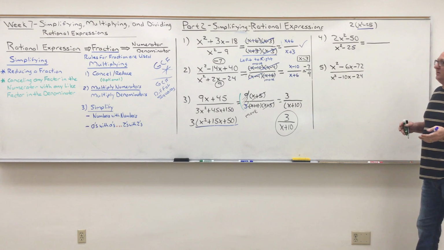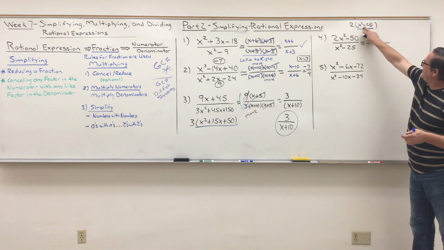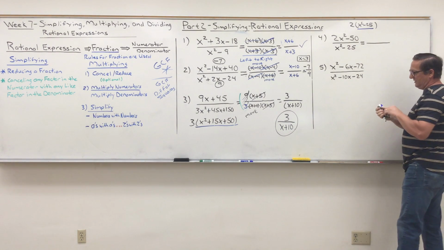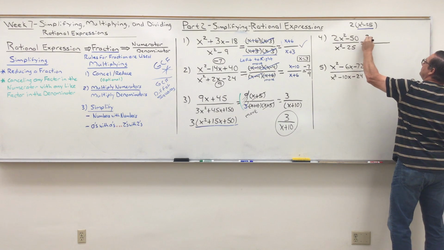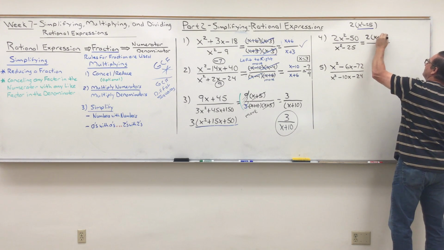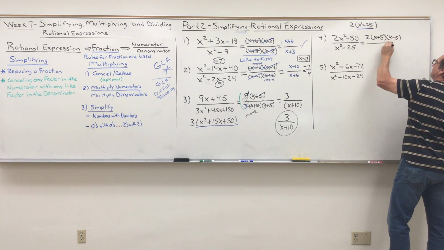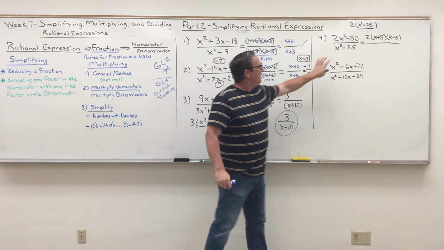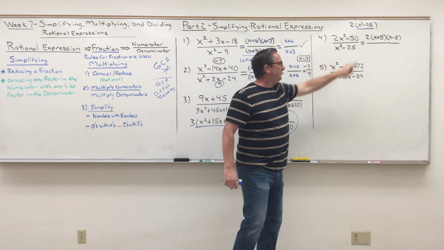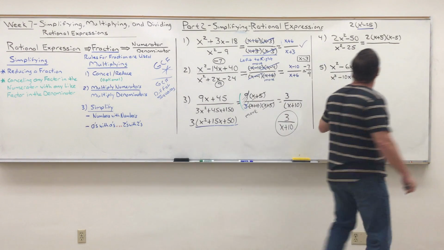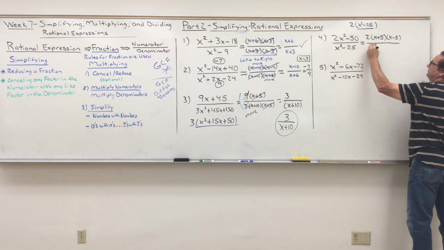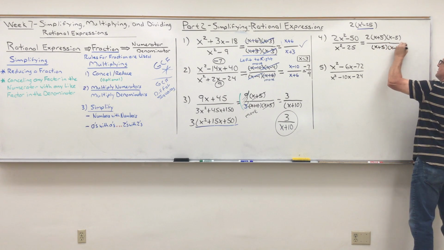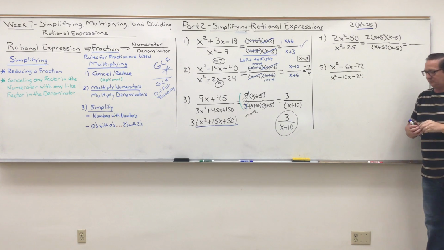I don't stop there, because I see that I have difference of squares, okay, subtraction, square root, and so this is 1 with a plus, and 1 with a minus. Now, I have x squared minus 25, no GCF, difference of squares. You can see these are the same. X plus 5 times x minus 5.